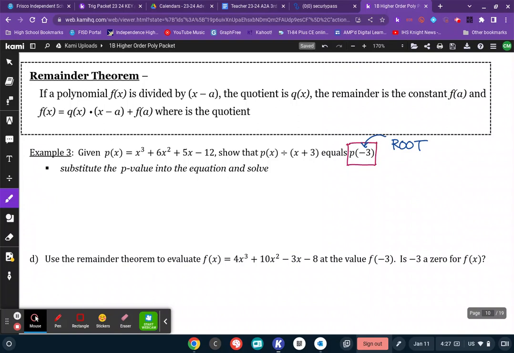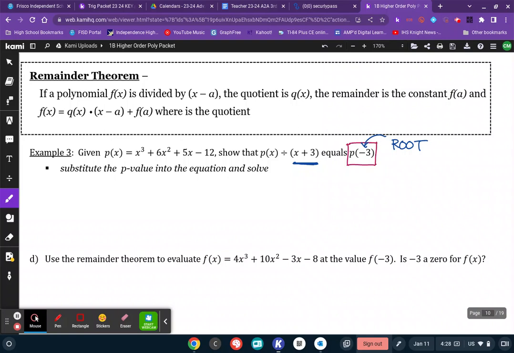That would mean that x plus 3, the divisor, would be the factor. So opposite sign, or consider setting that x plus 3 equal to 0 and solve. That gives me the root.